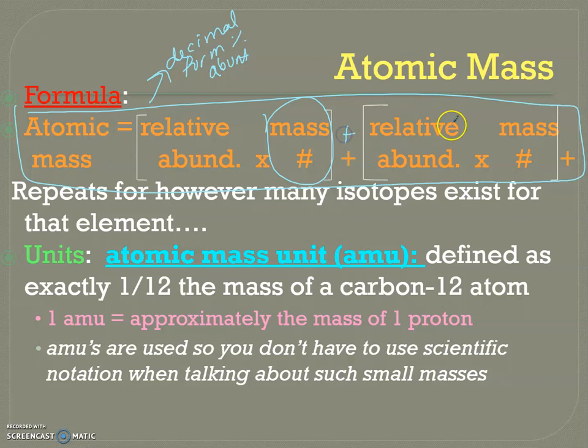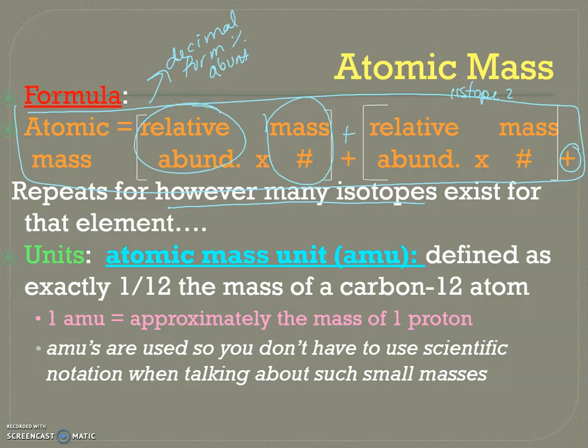Then we add it to isotope number 2, doing the same thing, and isotope 3 and 4, however many isotopes exist. There are some atoms that have like 6, 7, 8 stable isotopes. Sulfur is really big. I think chromium has like 8 or 9. And then you are taking the weighted average, taking into account exactly how abundant each one is.